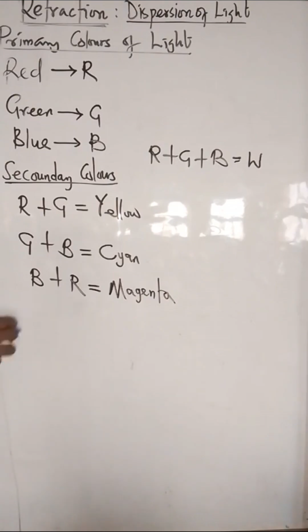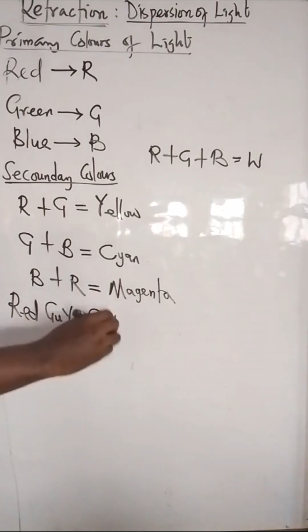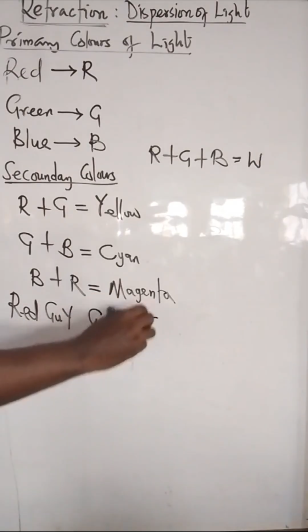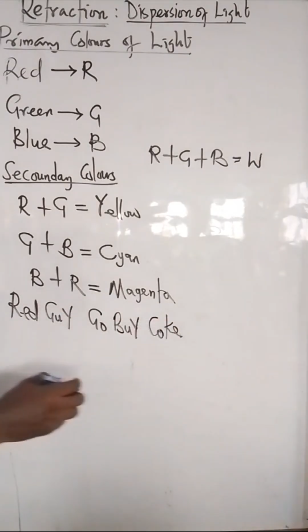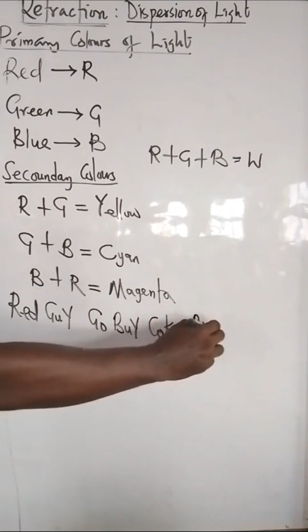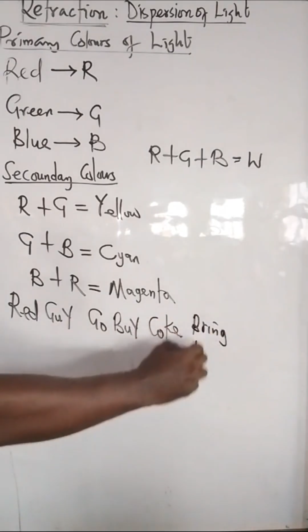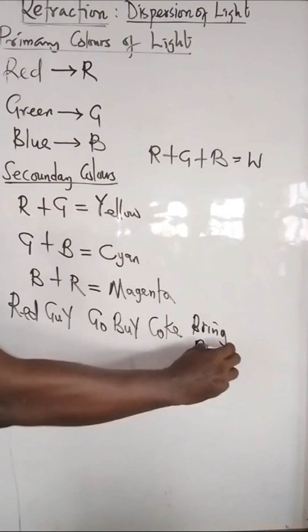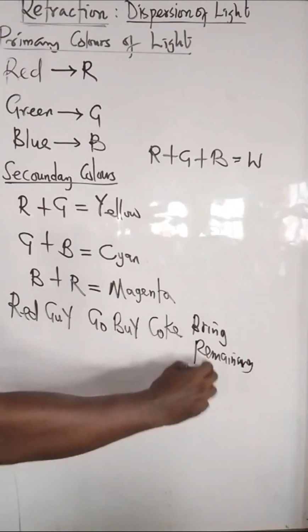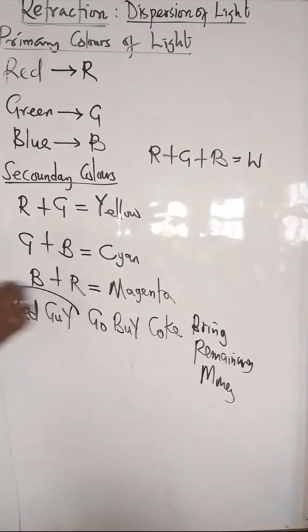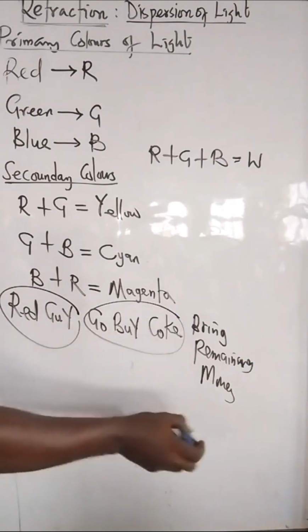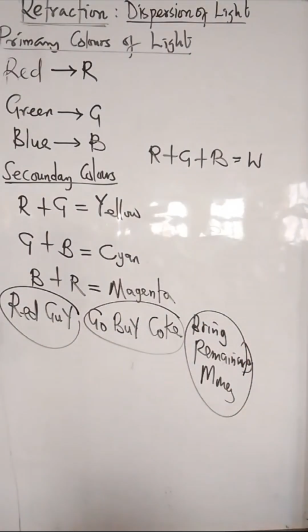So to remember this, you can use this acronym. Red guy, go buy Coke, bring remaining money. So red guy: red plus green gives yellow.